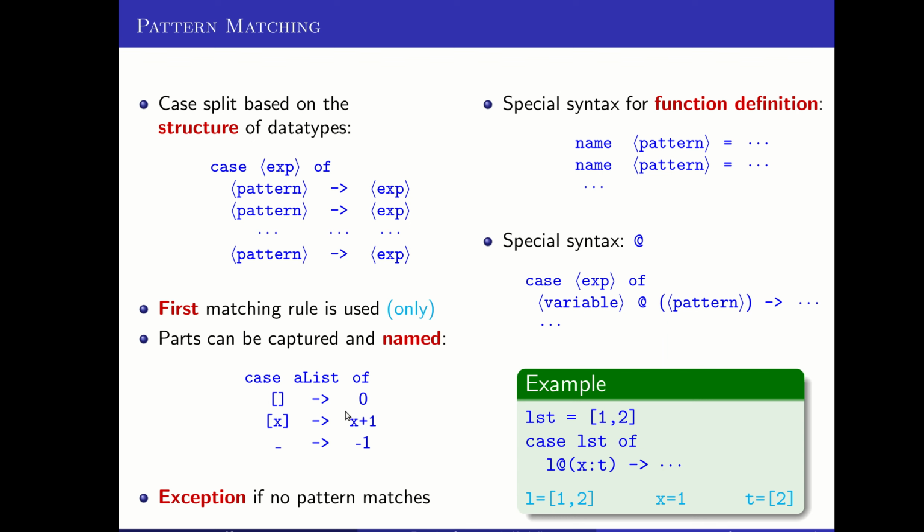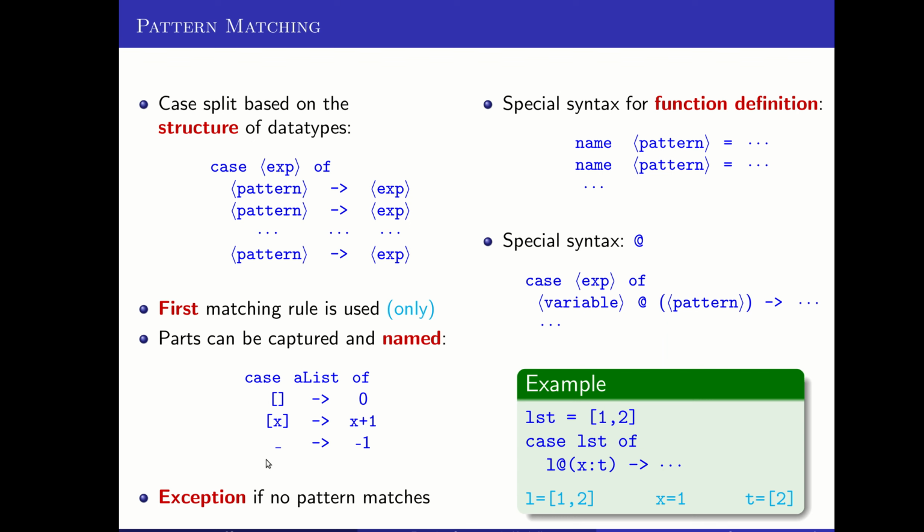We also can ignore particular items in our data by using the underscore. So this says I don't actually care what the value is for that list. Give me a -1. It's sort of a last, most general case.